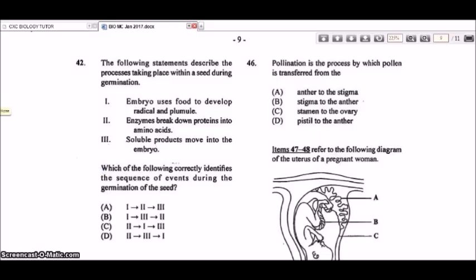So the correct answer would have to be, first of all, you have the 2, which is the enzymes breaking down proteins into amino acids, and then 3, soluble products move into the embryo, and then the final stage would be the embryo using the food to develop radicle and plumule. So that is 2, 3, and 1. So that would be D.